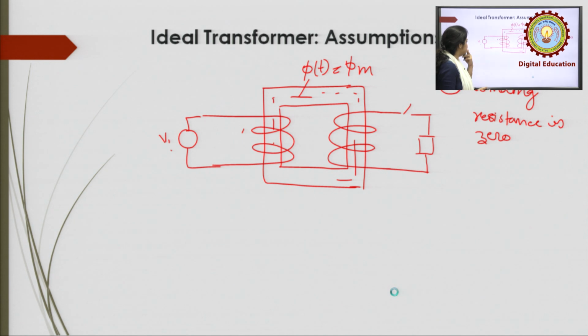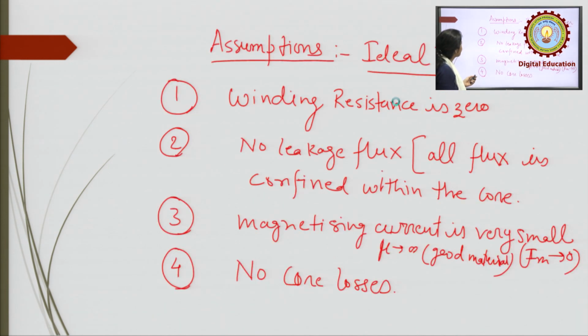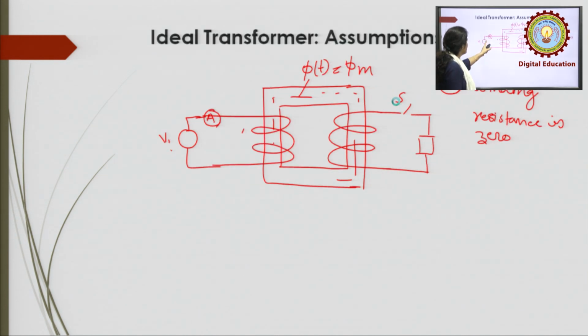Suppose this is the no load condition, I mean the switch S is not connected, so the load is not connected. When you connect the voltage V1, current will start flowing, a small current.